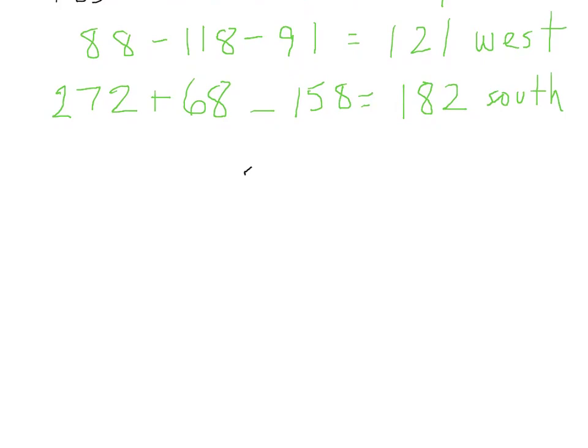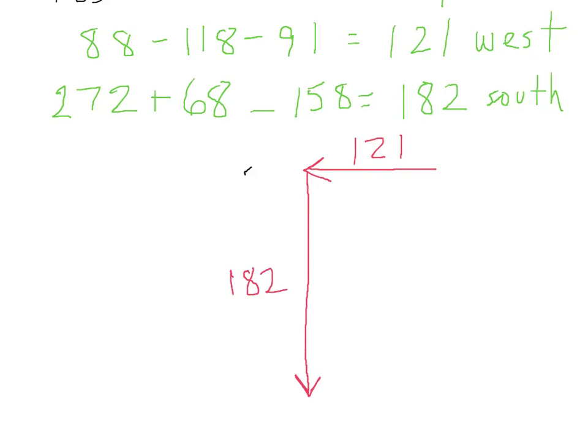I think I'm going to switch colors here. 121 west, which would look like this, added to, which means head to tail with, 182 south. Notice I'm going to draw 182 longer than I draw 121. It's about 50% longer. Don't use a ruler for any of this.